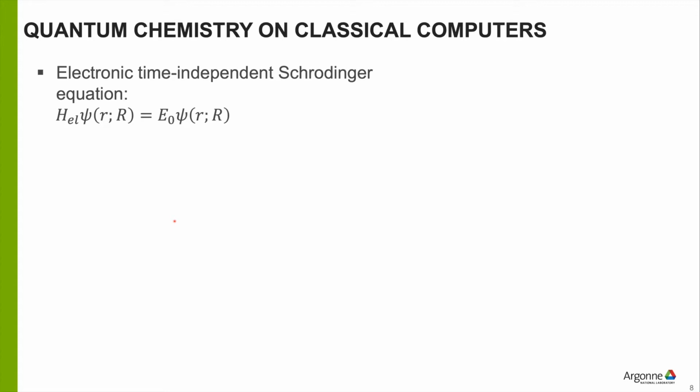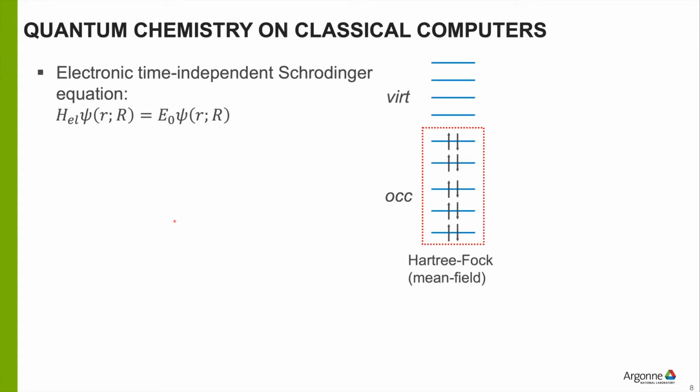All right, so as I already said, we are solving electronic time-independent Schrödinger equation for electrons, and the first step that one commonly takes is to get a Hartree-Fock solution, which is basically a mean field treatment of the problem where each electron moves in a field created by all other electrons, and the solution gives you the Hartree-Fock energy.